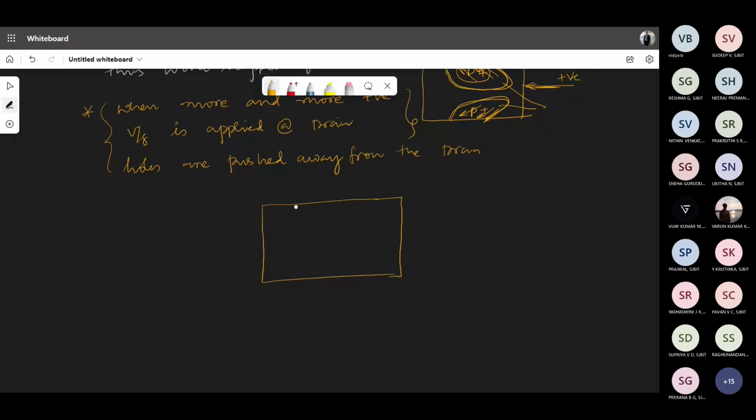So what I can write is, if this is the V regions, and if this is the positive voltage you're applying to the drain, then at VSAT, the saturation voltage, what you can observe is a depletion region getting created like this.